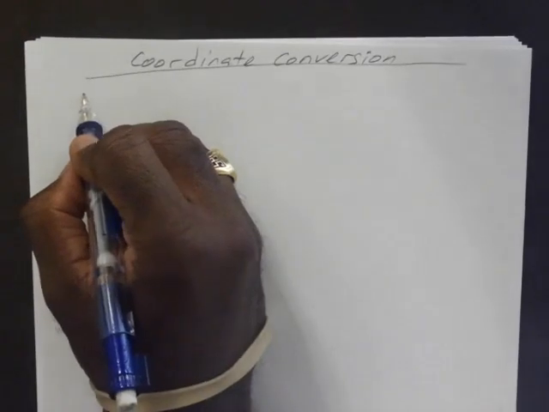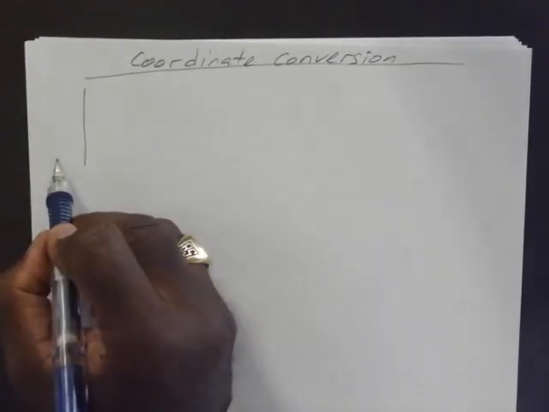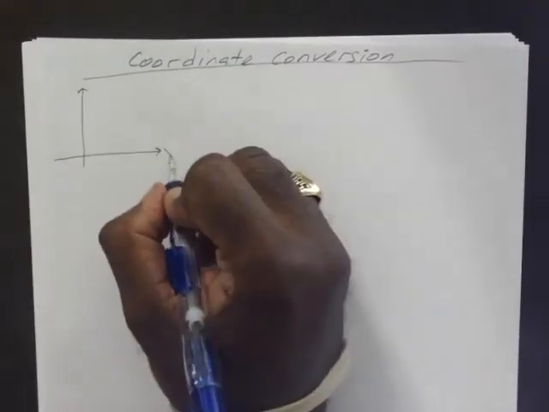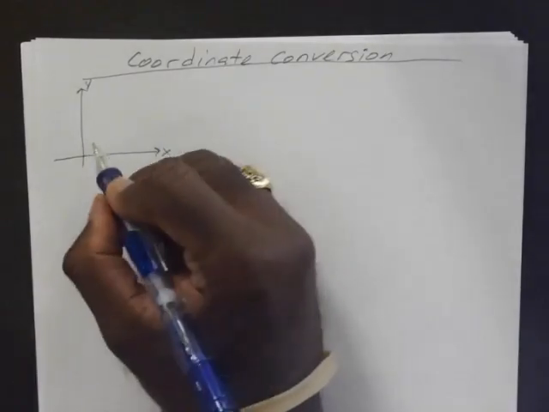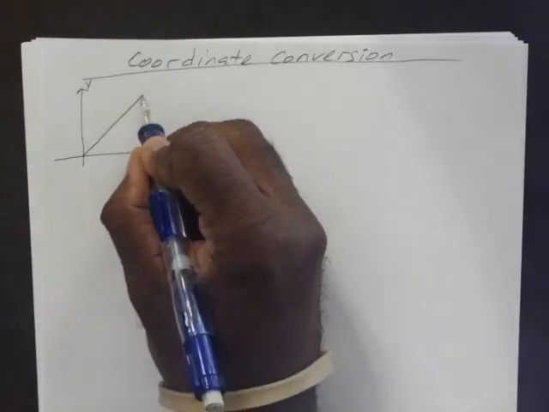Okay, so what if we have our x and y axis, where we have our radius that we will call r.